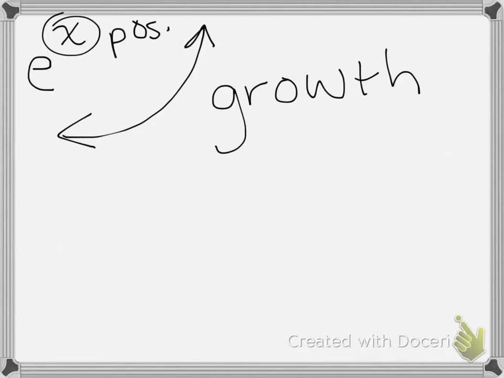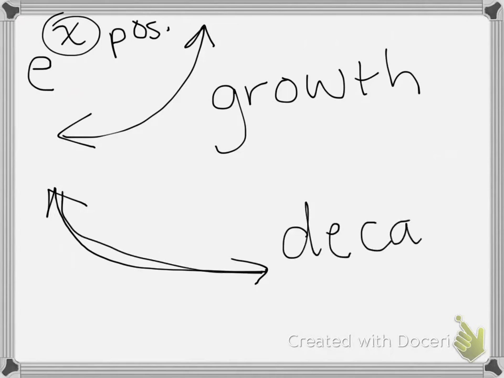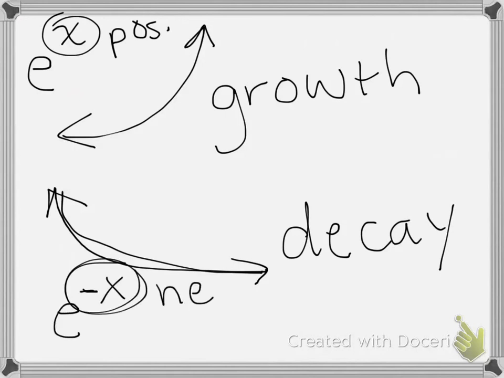If you have a picture that looks like this, where it is like going down a slide, that is called decay. And that always occurs if my exponent up here is negative. So a positive exponent is growth. Excuse me if I messed that up. And a negative exponent is going to be decay.